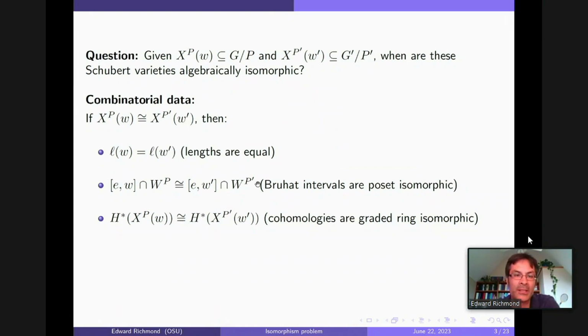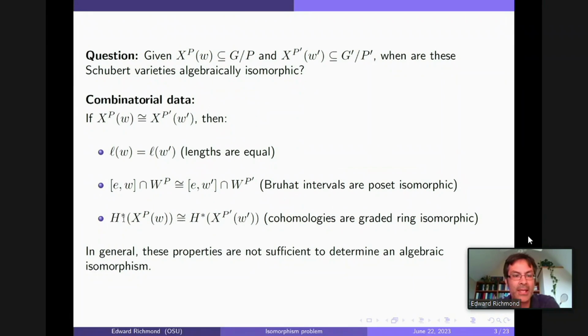Maybe a little bit less obvious is that when you look at the Bruhat intervals, these have to be poset isomorphic with each other. And then other things like, for example, if you look at cohomology rings or Chow groups, if you have an algebraic isomorphism, then all of these things have to be either group isomorphic or ring isomorphic.